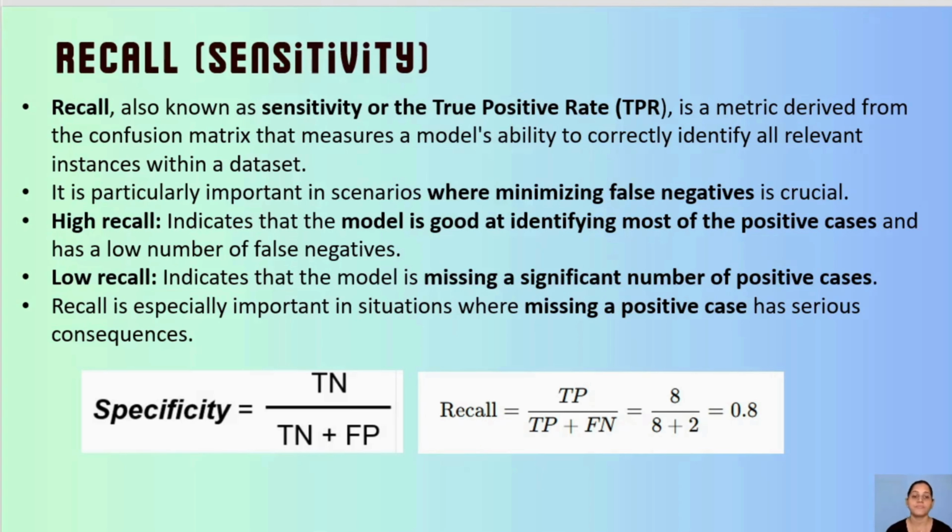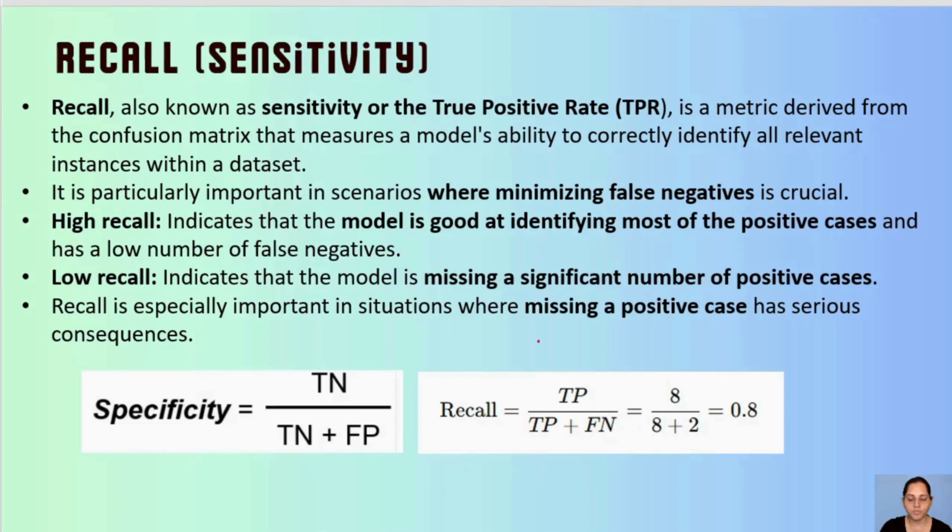That means in this case we are understanding how we can minimize the false negatives. What is the formula? It's true positive divided by true positive plus false negative.